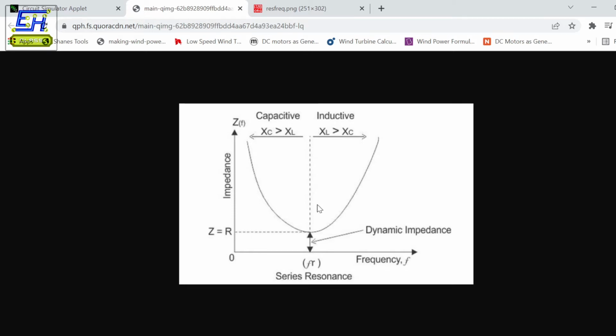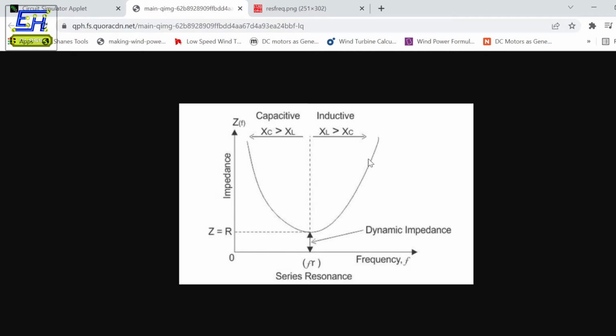So this curve has two parts, one is the decreasing curve and the other is the increasing curve. The left hand side curve represents the variation of capacitive reactance with frequency. It declines with the rise in frequency, and this curve will extend further, very close to zero.